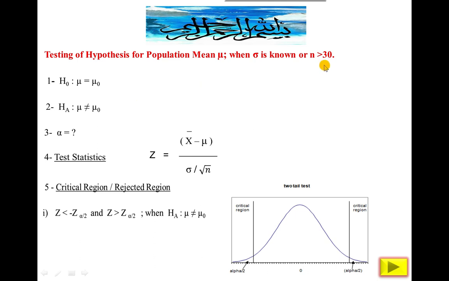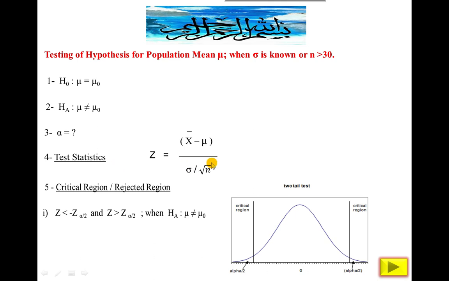For a small sample and sigma unknown, we use the t-test. For a large sample or sigma known, we use the z-test. This is called the z-test or normal distribution. So the steps are the same as the previous. There are 6 steps. Method, concept, theory and objective are the same, but the formula of the test statistic is different.